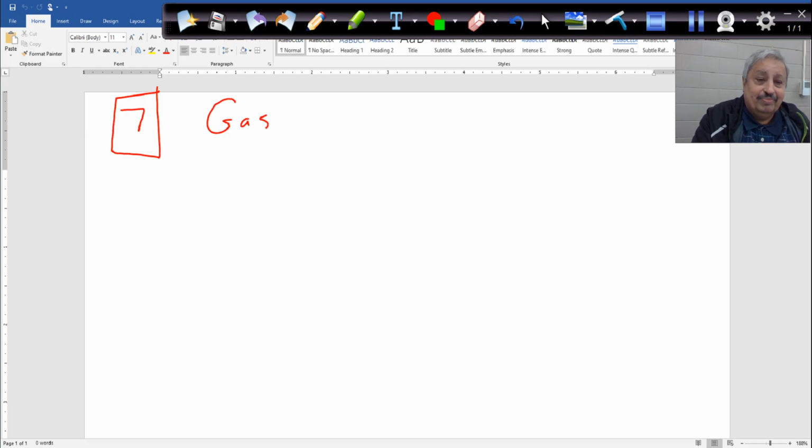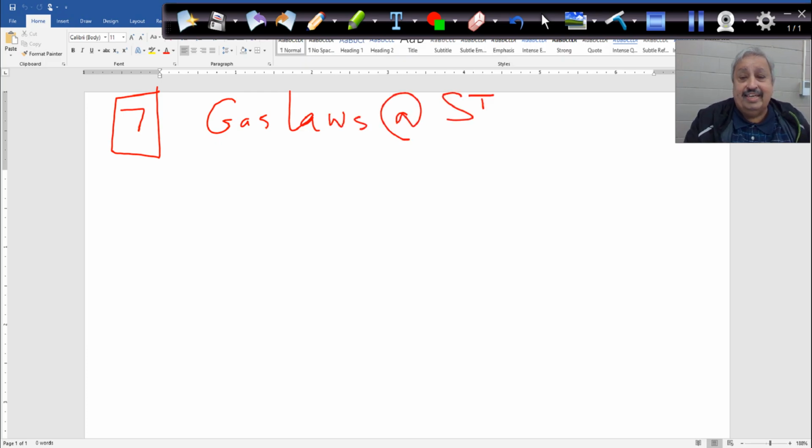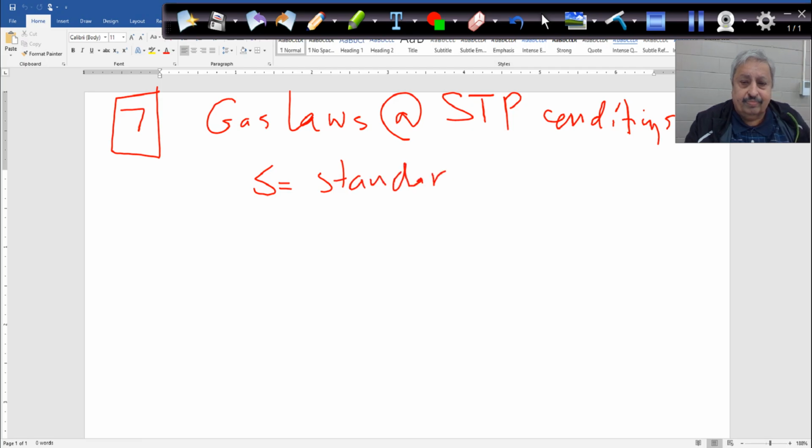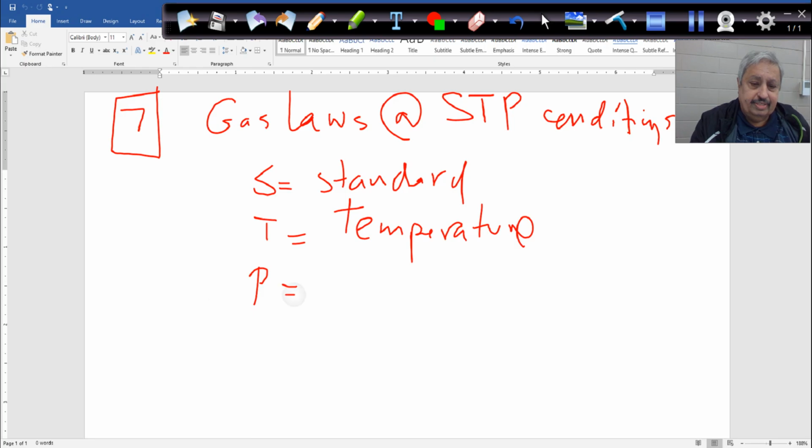Let's come up with the name: gas laws at STP conditions. Guys, we have 2 minutes. That's good. S means standard, T means temperature, and P is pressure.